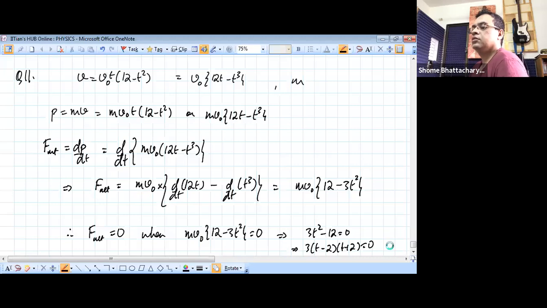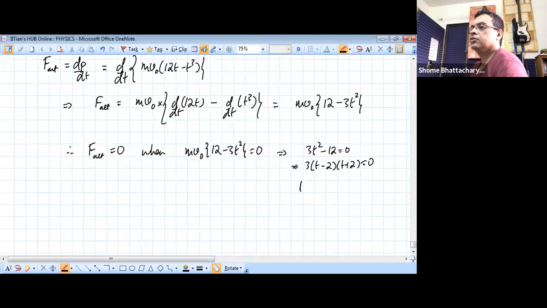So further, that gives you two solutions, but time cannot be negative, so we'll take only the positive solution here. So t equal to 2 seconds or t equal to minus 2 seconds, which we'll reject as a solution.